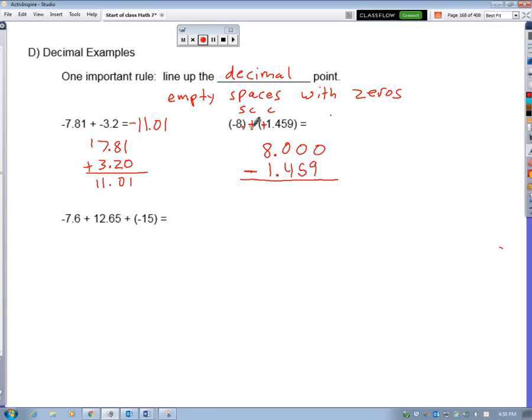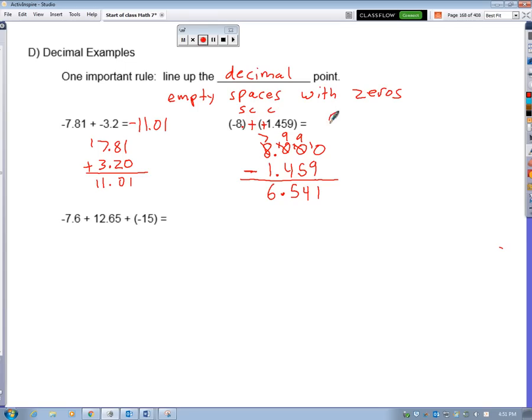We have some borrowing to do. Make that 10, and then 9, 10, 9, 10. Okay, now we can get to the business of subtracting. That's going to give me 1. 9 minus 5, 4. 9 minus 4, 5. Decimal point, 7 minus 1 gives me 6.